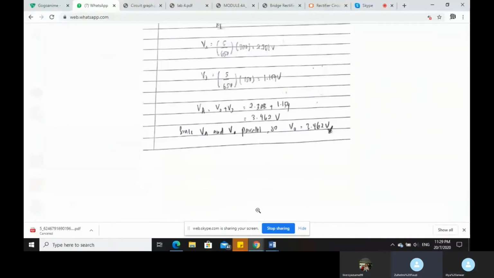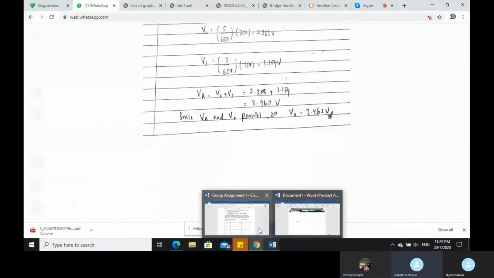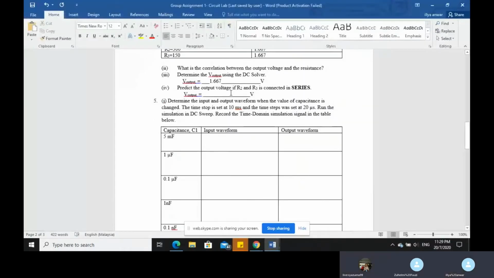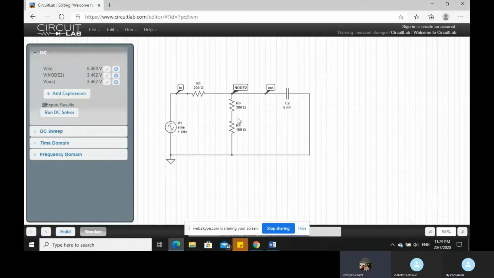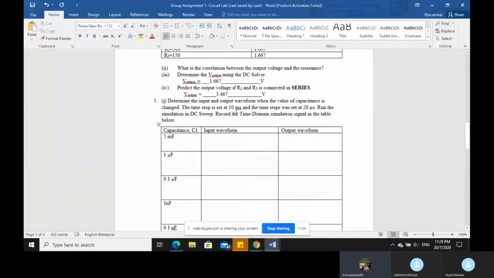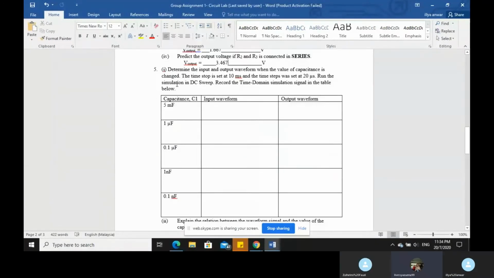So for the next questions, I will give Wina to conduct. Okay, for question number 5, this question wants to determine the input and output waveform when the value of capacitance is changed.